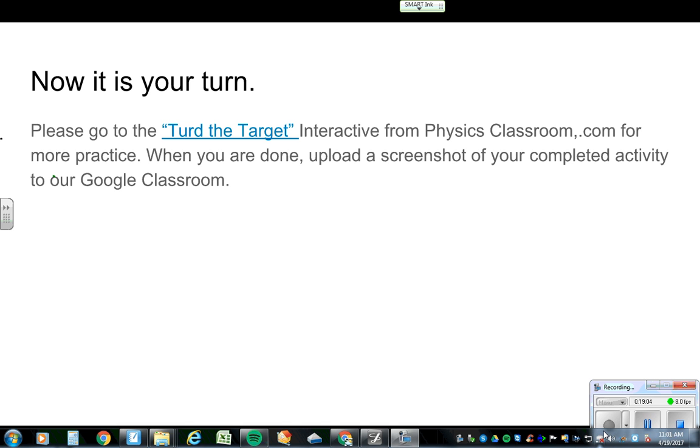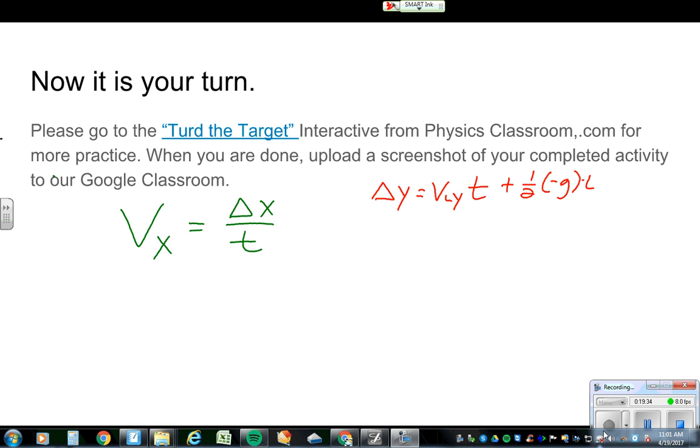And hopefully you recognize this, that in the horizontal direction, the only equation that you need is this. My velocity in the x direction is change in x over t. And in the vertical direction, you're using the old kinematic equations from before, but applying all the vertical parameters. And so you have change in y is your initial velocity in the y direction times t plus 1/2 times negative g t squared.